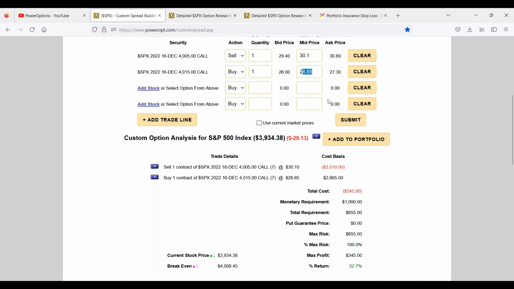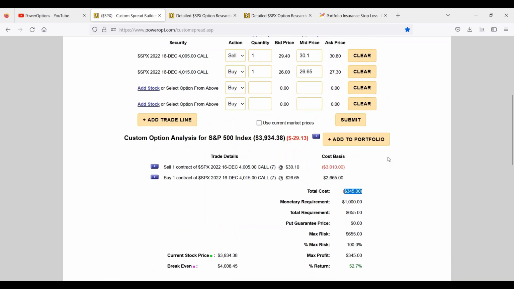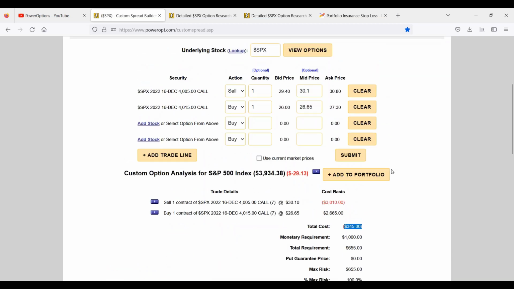Pretty reasonable pricing there. Okay, so this is not a bad net credit to expect, but again, a little risky, only a 69% probability. I want to be up to 82, 83% probability, 85% or higher, if the return still matches what I want.